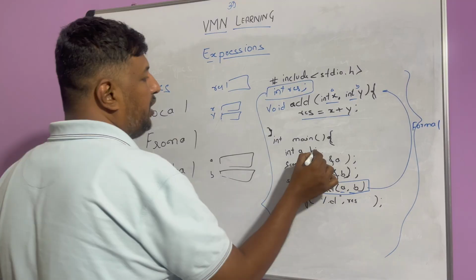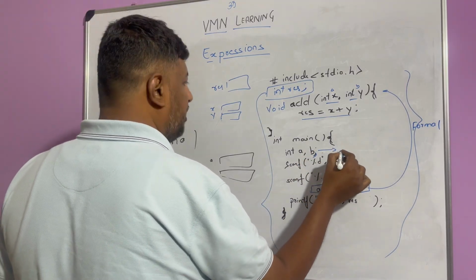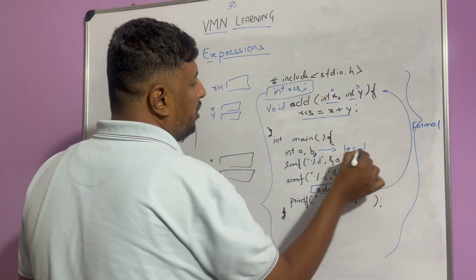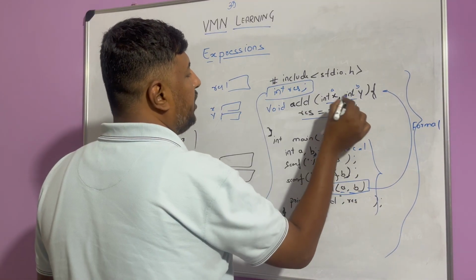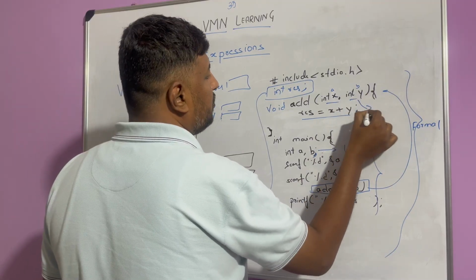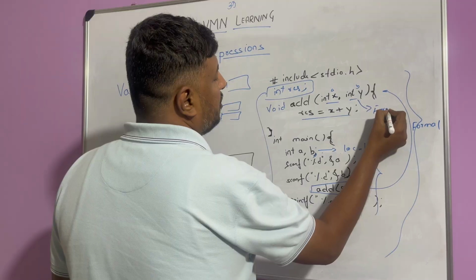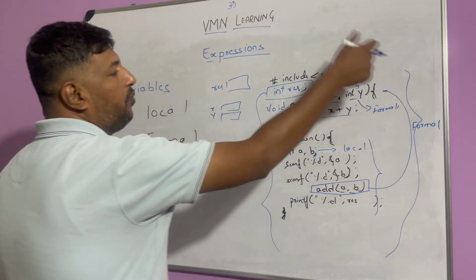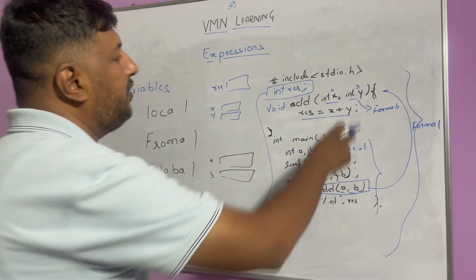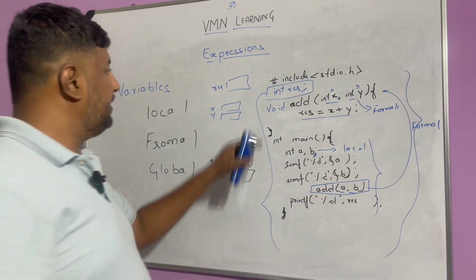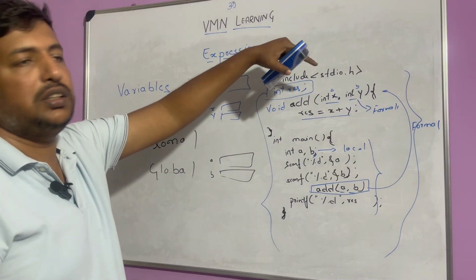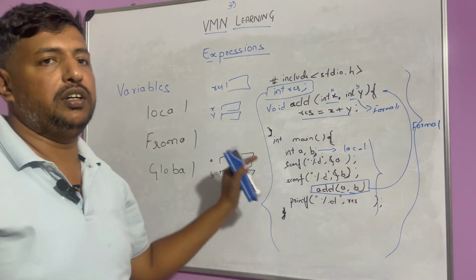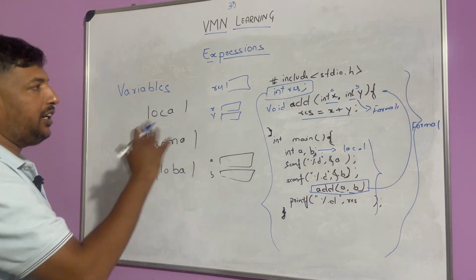These variables are local, available within this program. These variables are formal, passed from the main function to the function, and are accessible only there. This is a global variable declared outside any function after the includes, and it is accessible throughout the program. Those are the three types of variables.